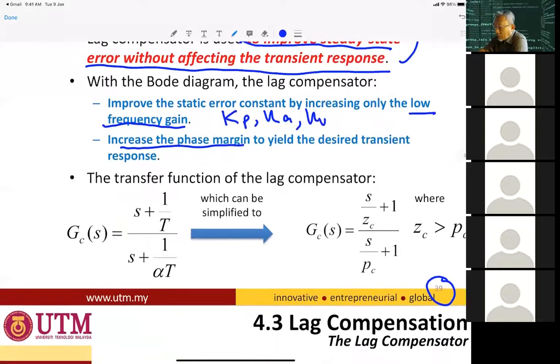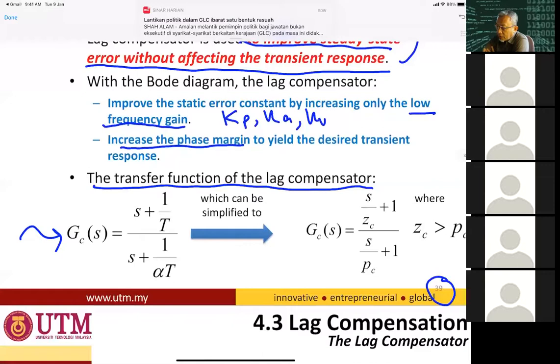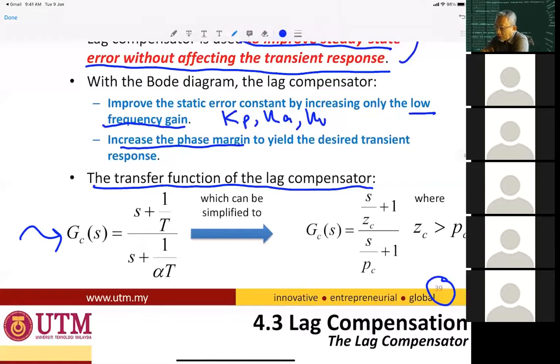So it will involve low frequency gain and phase margin. For that purpose, we must look at the structure of the lag compensator. The lag compensator can be represented by Gc, where C stands for compensator, equal to (s plus 1/T) over (s plus 1/alphaT), which can be simplified to (s over Zc plus 1) over (s over Pc plus 1).